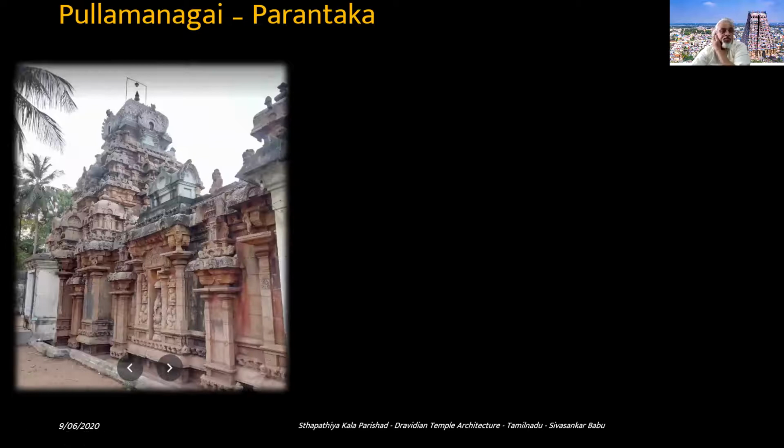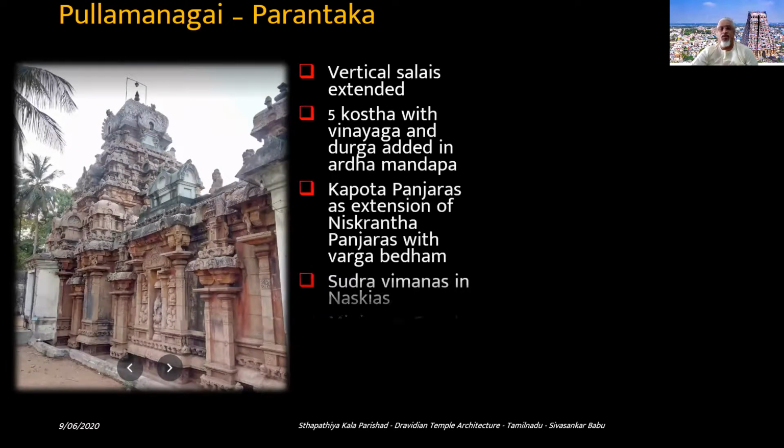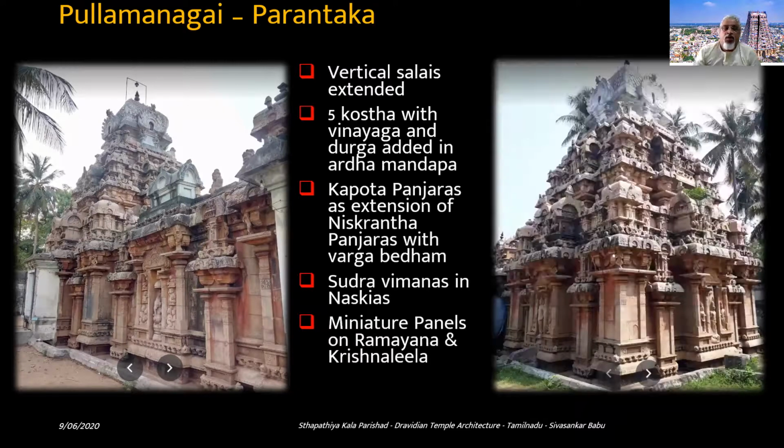Next, the grand thing is the Apulamangai temple, which is again an innovation, a sculptor's delight. The interesting thing here is that the vertical salas, instead of being on the same plane, are getting extended out with their own extension, from the Adhisthana and all the basement all the way up to the top.